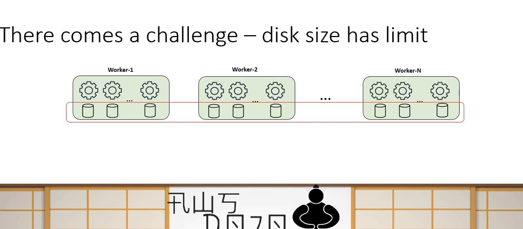These disk spaces are limited, and if you're trying to process a very large amount of data, sometimes you will hit the limit of the disk space. Sometimes you're trying to write spill data or shuffle data, but you cannot because the disk does not have enough space.